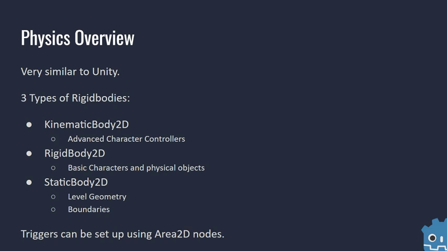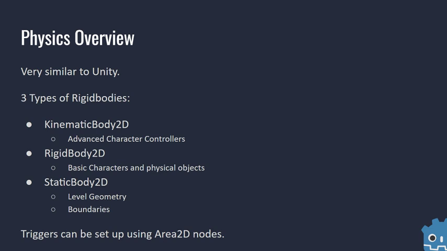With kinematic body 2Ds, you are the sole thing that moves that object, but you have access to basically asking questions about the world around the kinematic body 2D. You can ask, is it colliding with something? You can have it calculate the next position based on sliding with it.